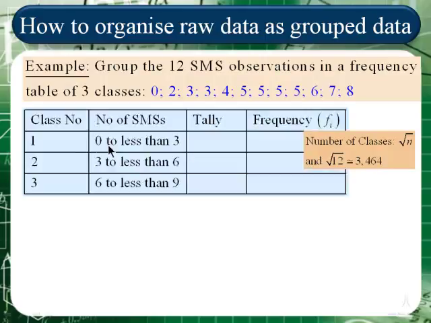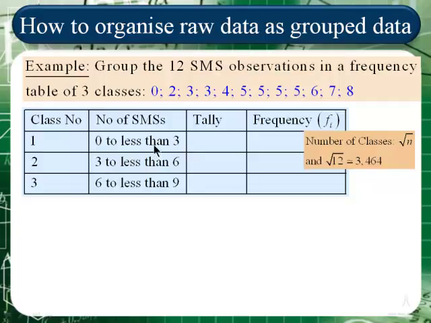So now you've got to decide where a particular class must start and where it must end. The biggest value here is 8. Now 8 is not exactly divisible by 3, so we rather focus on 9. So we start with 0 to less than 3, so we include 0 but exclude 3.